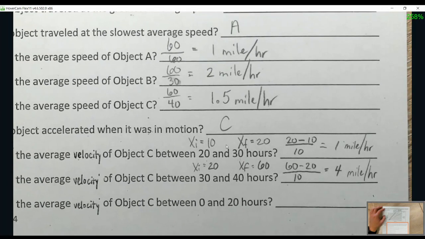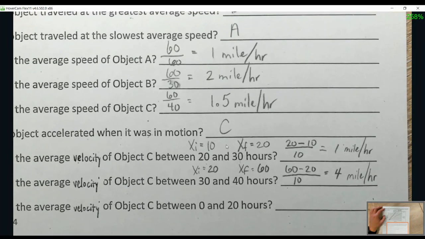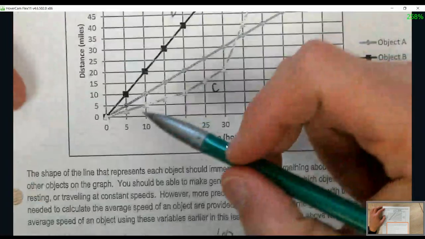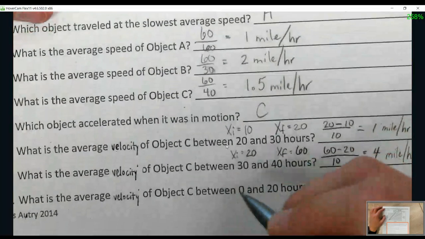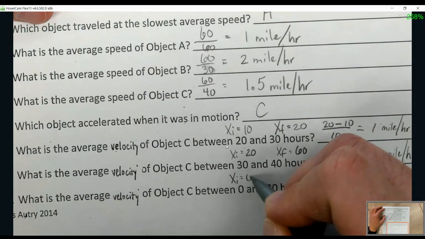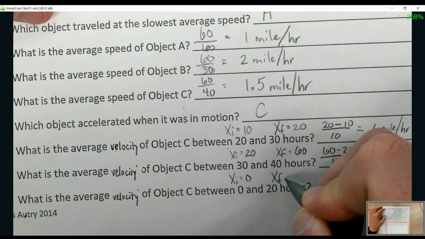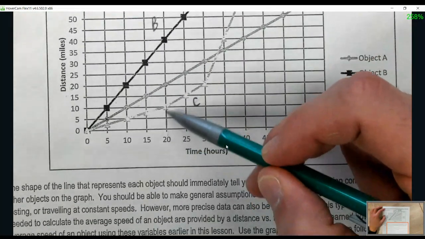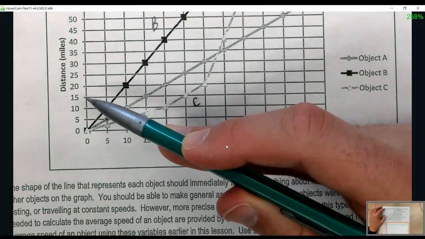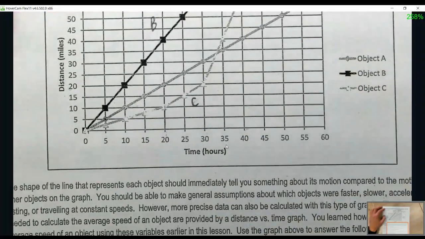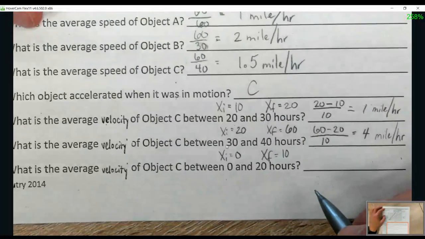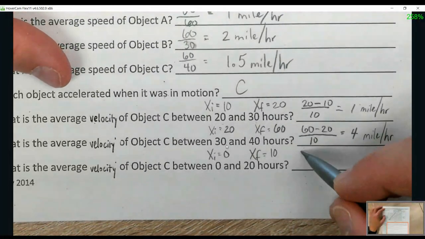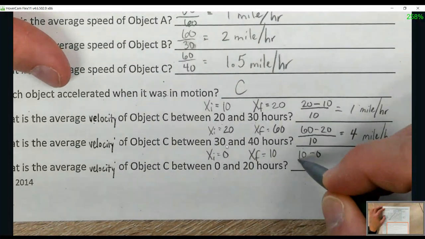All right, so in this case here, between 0 hours and 20 hours. So at 0 hours, line segment C was at 0, so your xi is 0. Where you are at 20 hours, for C, go up and hit across. You're at 10. All right, so now you have xi and xf. 10 minus 0.